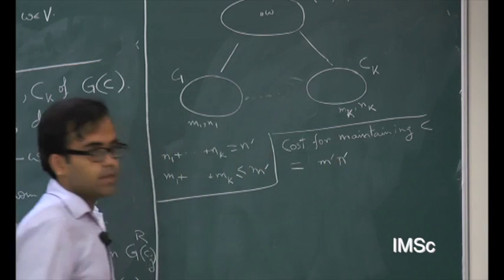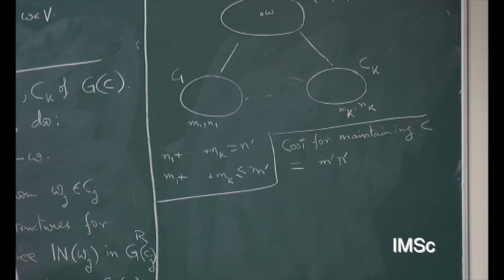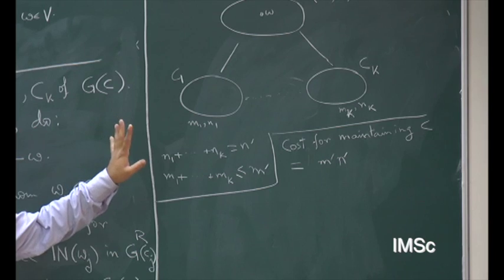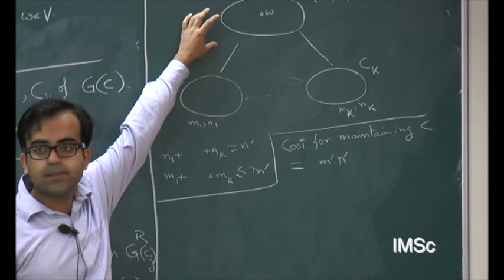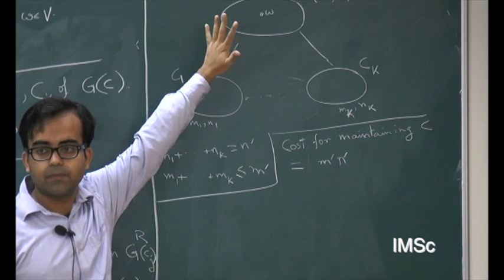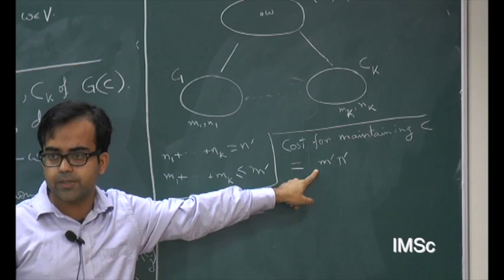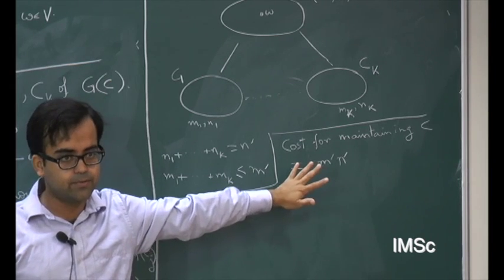This is M prime plus N prime, right. Just for maintaining C, how much work did we perform? Because this is just two Even-Shiloach trees. I am ignoring the factor 2 here.